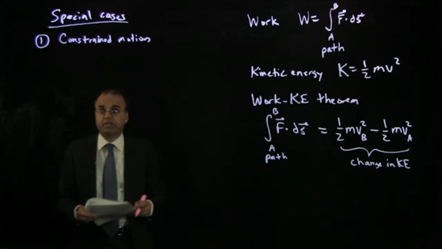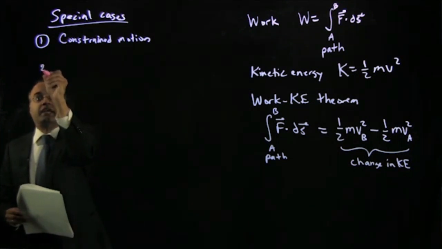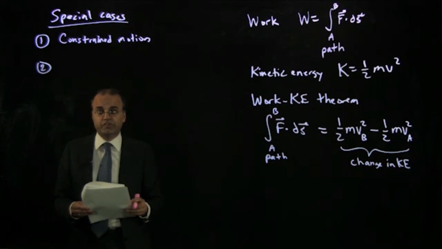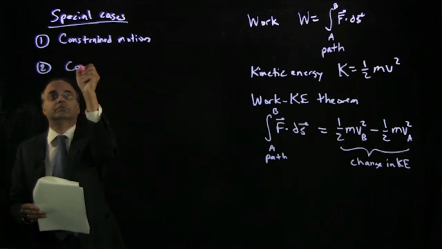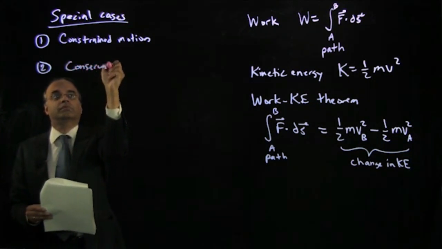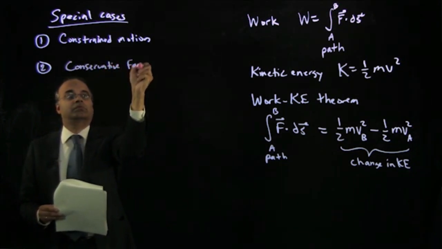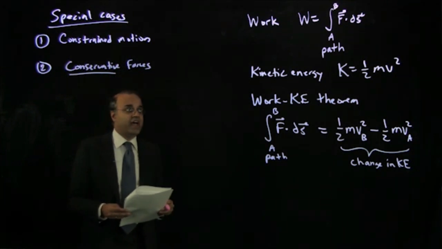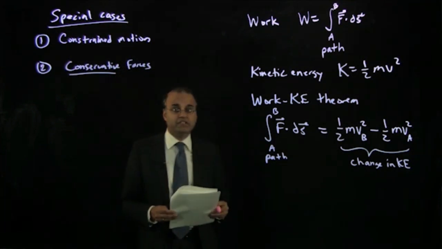The second special case we've seen is that there is a special class of forces called conservative forces. And conservative forces have the property that the work integral is independent of the path.